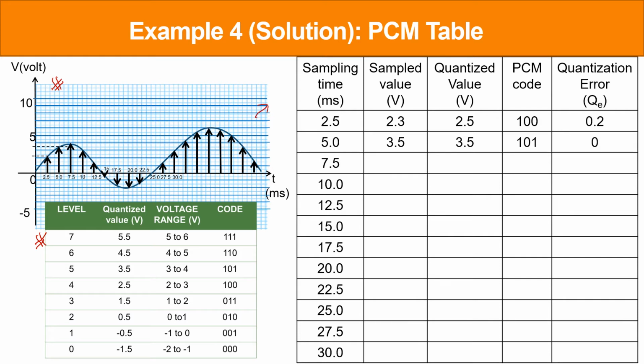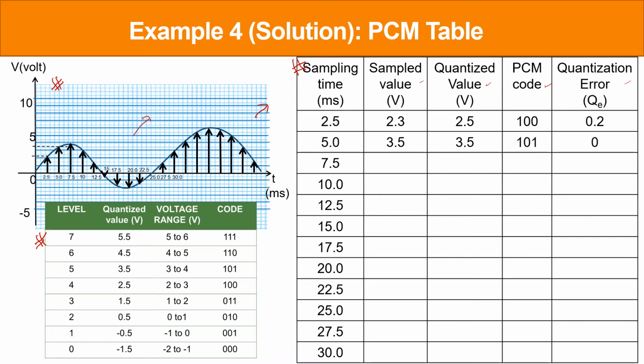Next, you need to build up this PCM table, which consists of the sampling time, the sample value, the quantized value, the PCM code, and the quantization error. So we know that every 2.5 milliseconds, we need to sample this analog signal.